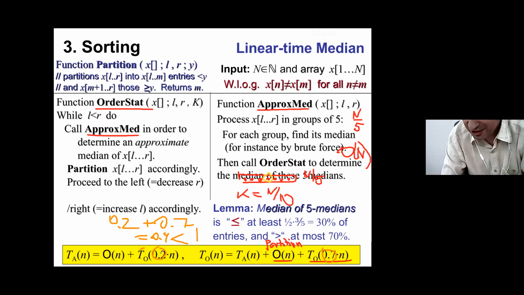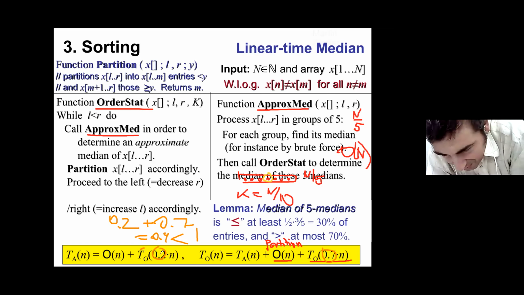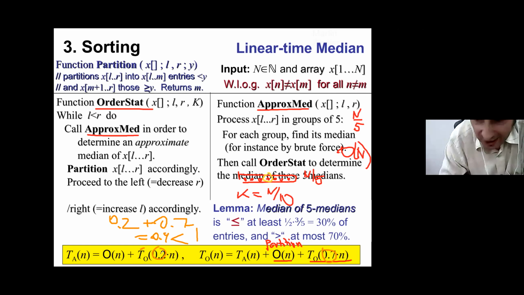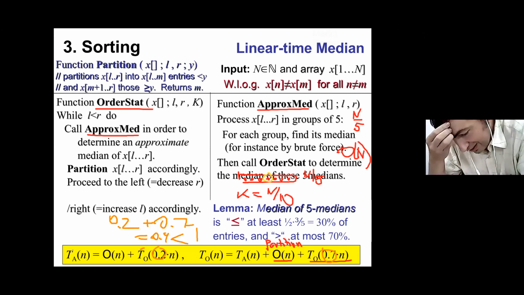And this is what you need. So by using this fact that the constants that occur here and here together, their sum, is less than 1, you can prove that TA is a linear function.